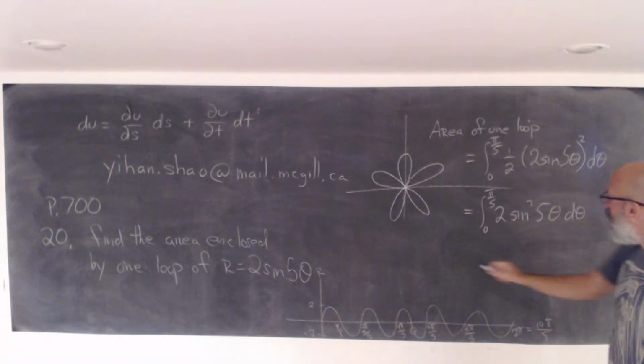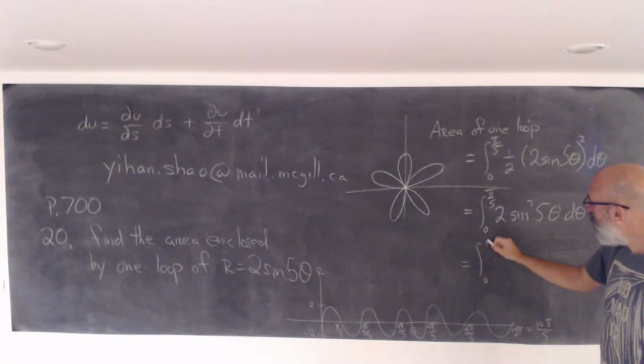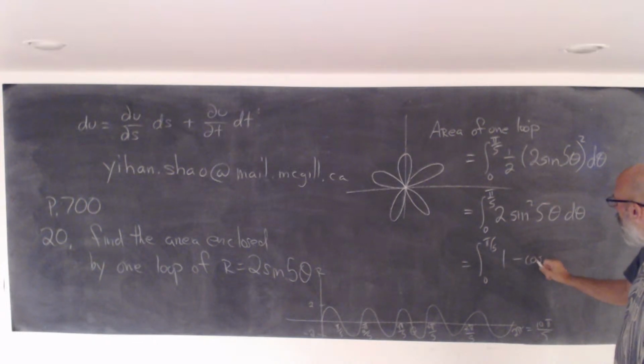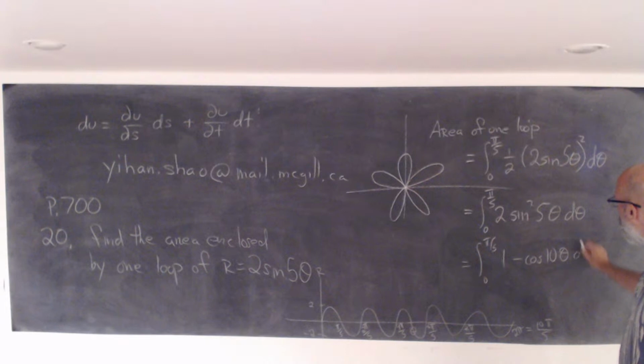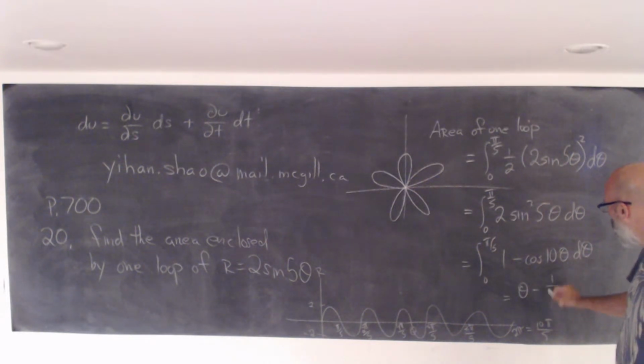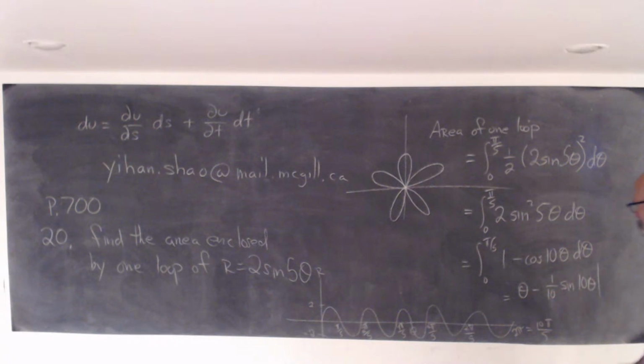You know how to integrate. Sine of 2 pi is 0, sine of 0 is 0, so this is just pi over 5.